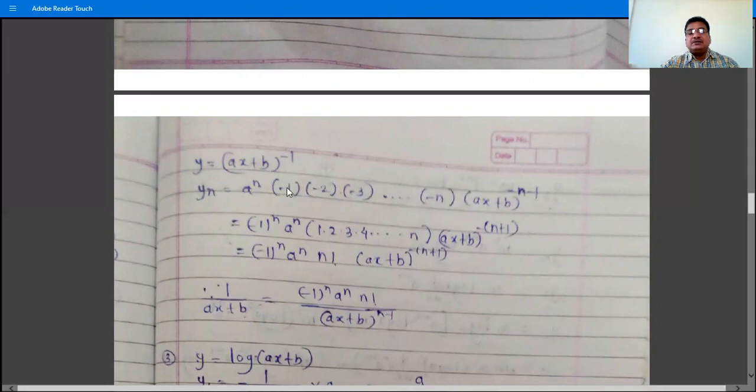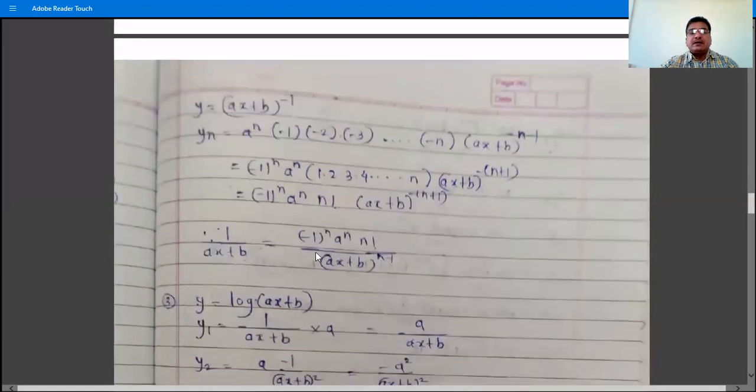If you write minus 1 as minus 1 into 1, minus 2 as minus 1 into 2, minus 3 as minus 1 into 3, and this last one as minus 1 into n, then minus 1 taken n times becomes minus 1 raised to n, and the remaining product 1 into 2 into 3 up to n is n factorial. Next, (ax plus b) raised to minus (n plus 1). So we have minus 1 raised to n, a raised to n, n factorial, divided by (ax plus b) raised to n plus 1. It is not n minus 1, it is n plus 1.